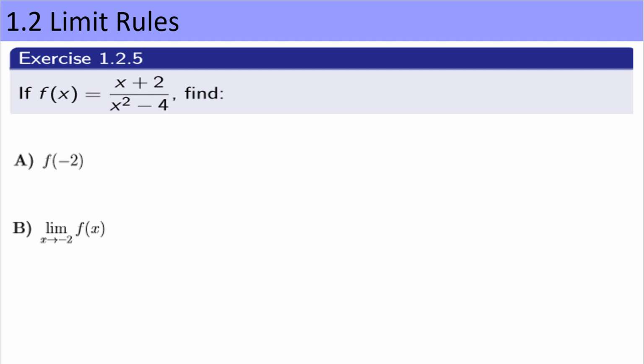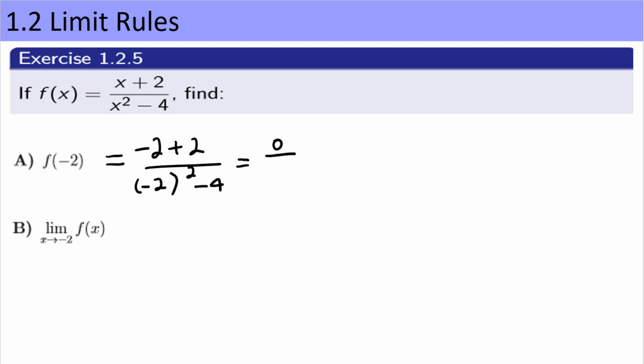Exercise 1.2.5. If f of x equals x plus 2 divided by x squared minus 4, find each of the following. So f of negative 2, that's just function evaluation. We would write this as negative 2 plus 2 divided by negative 2 squared minus 4.